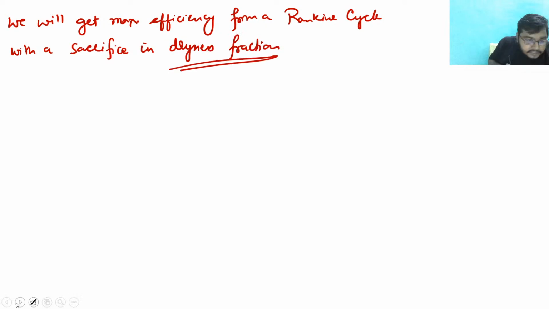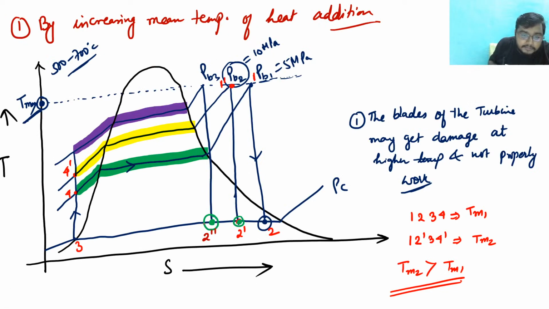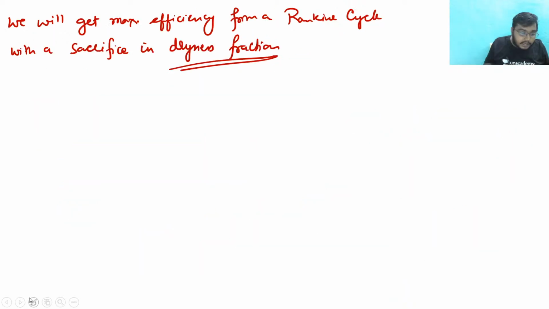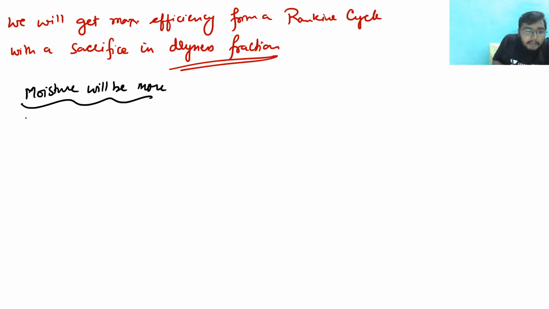See, dryness fraction is very less in case of 2 double dash, but dryness fraction is more in case of 2. So 2 double dash has a less dryness fraction. It simply means that at the 2 double dash point, moisture content will be more. And if moisture will be more, then what will be happening?